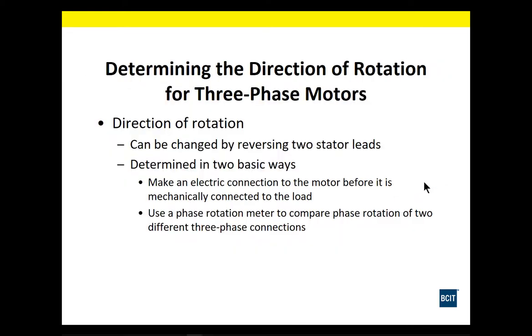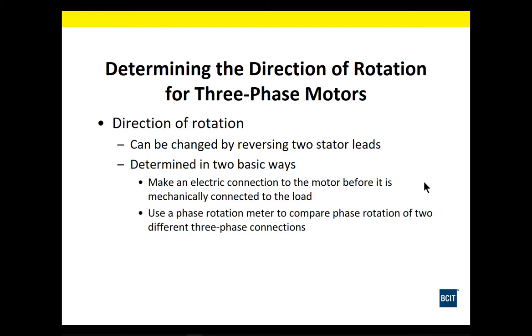As we just saw, by changing 2 stator leads, we can reverse the rotation of a 3-phase motor. It's also good practice to identify the correct rotation of these 3-phase motors before we connect them to a mechanical load. To determine which direction the motor will be rotating, we have 2 basic ways.